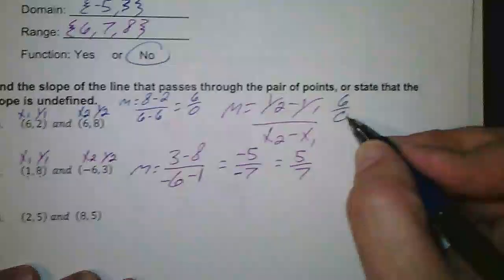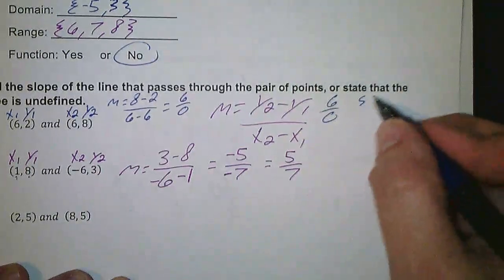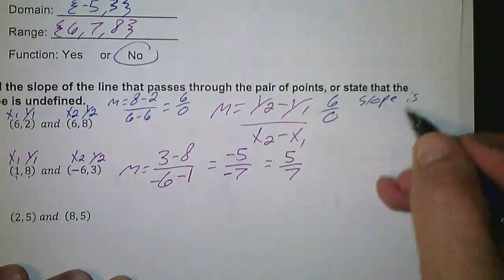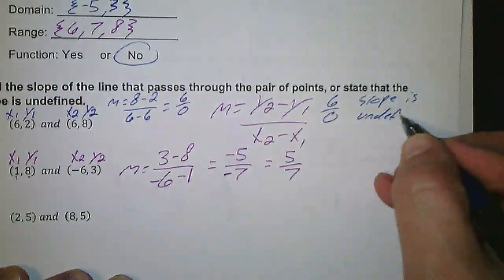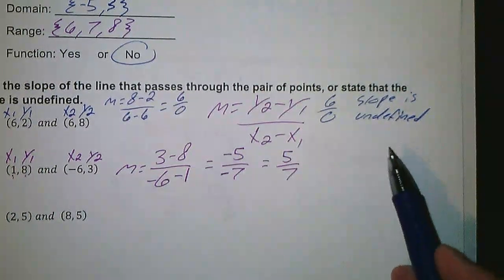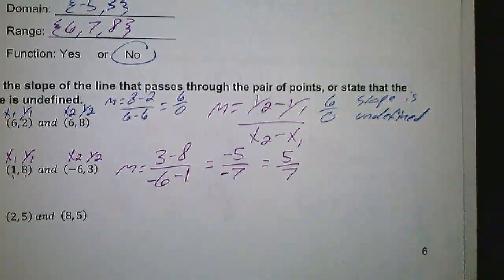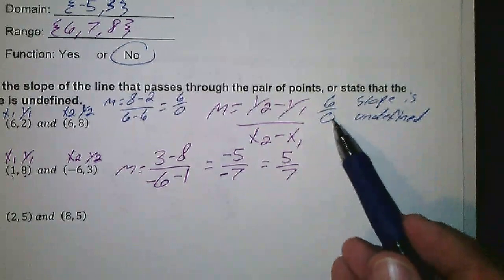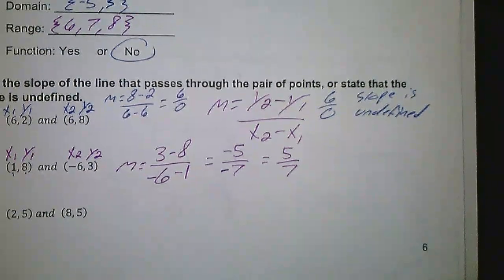If 0 is in the denominator, the slope is undefined. And I believe you just have a button that says undefined that you can click in those cases. So again, 0 in the denominator, we are undefined.